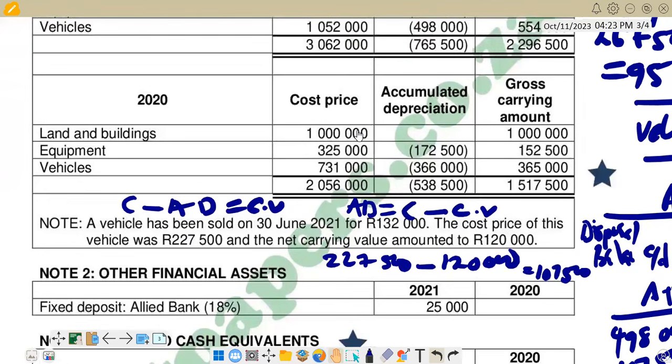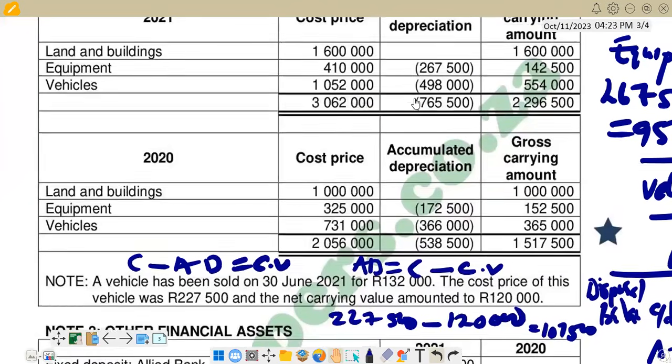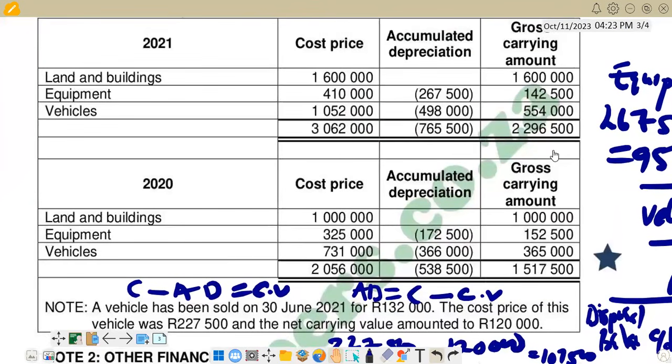For 2020 land and buildings, we had 1 million worth of land and buildings. Then 2021, they increased to 1,600,000. You are seeing this figure, 1,600,000.